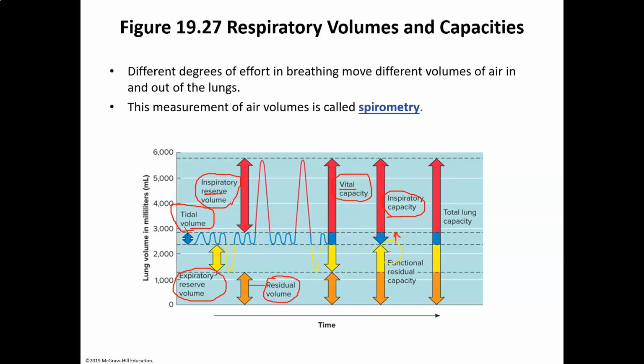But of course then you have the residual volume. If you have residual volume, that's part of lung space. So total lung capacity is your inspiratory reserve, your tidal volume, your expiratory reserve, and your residual volume. Add all those together, that's total lung capacity.